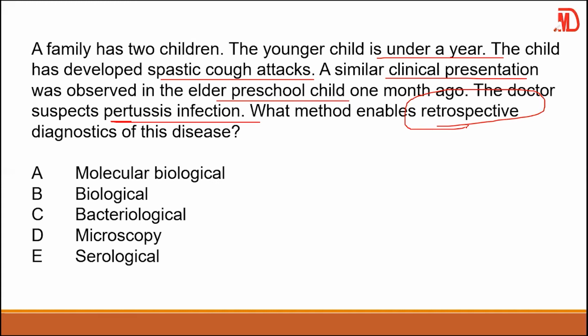It will let us know that this person is a diabetic patient. The same applies to pertussis or people suffering from chronic cough. You want to see if indeed we are having this infection in this patient or not. So what method enables retrospective diagnostics of this disease?